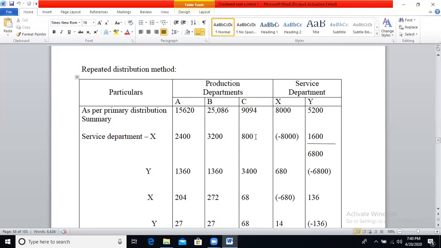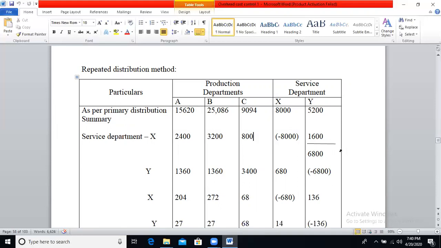And for department C, 8,000 into 10%, you will get 800. So add these three values, 2,400 plus 3,200 plus 800, and you will get 6,400. If you deduct 8,000 minus 6,400, you will get the remaining value 1,600.